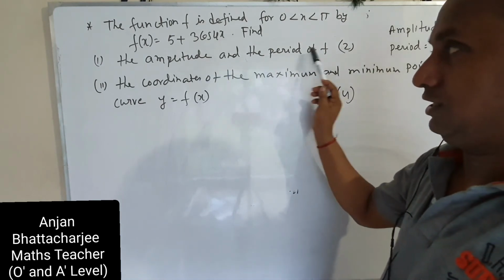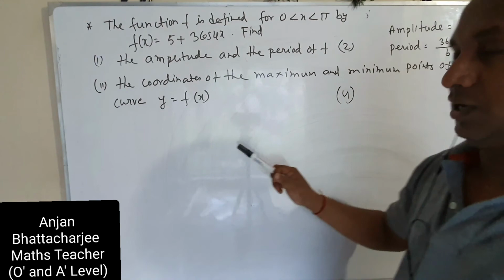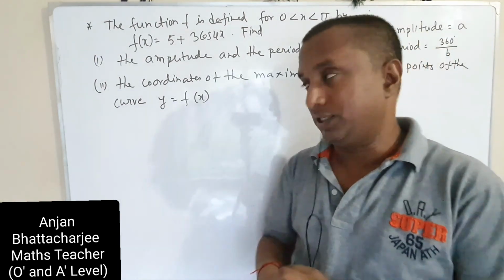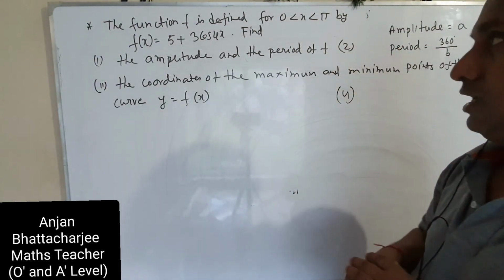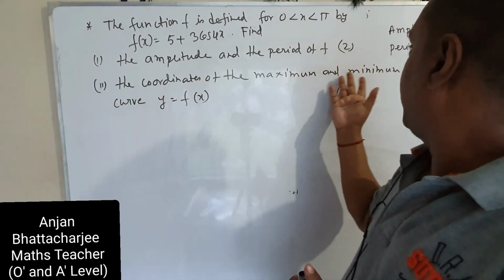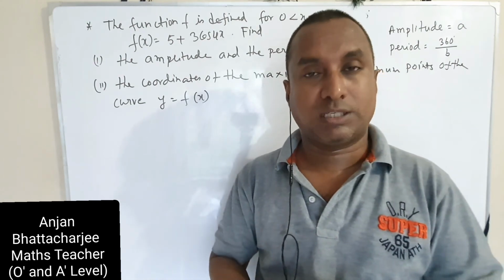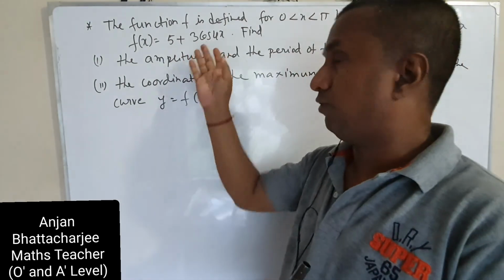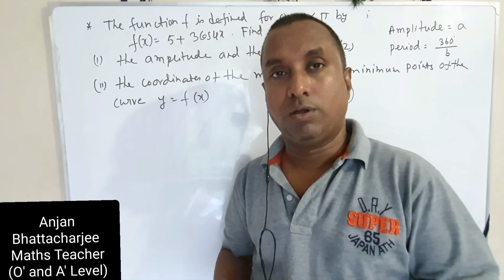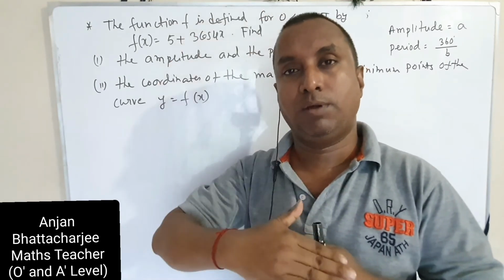See, it's very easy. Now the coordinates of the maximum and minimum points of the curve, but it's a bit tricky. There is a total of 4 marks. So how can you solve this one? First of all, we can find out the maximum and minimum points. We know that for cos and sine, for both curves, just look at the curve, it will go maximum 1 and minimum minus 1.